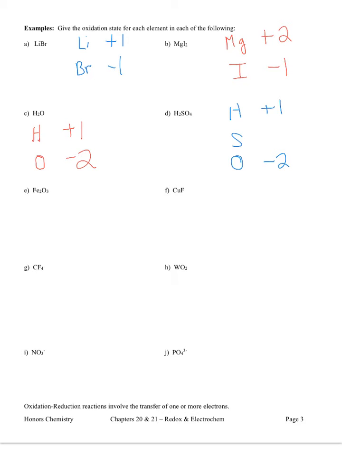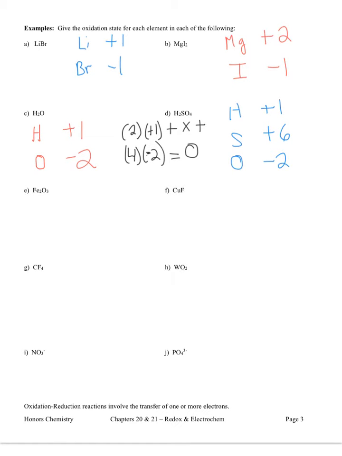You're going to say you have 2 hydrogens, each +1, plus 1 sulfur, we don't know what it is, so let's call it X, plus 4 oxygens, each -2. Altogether, that is going to equal 0 because it's a neutral compound. And you solve for X. If you solve for X in this case, it's a +6.